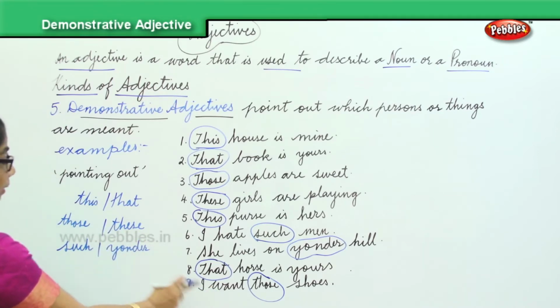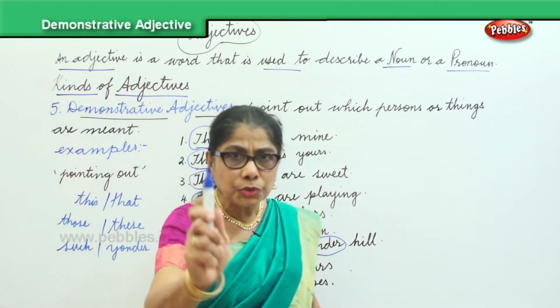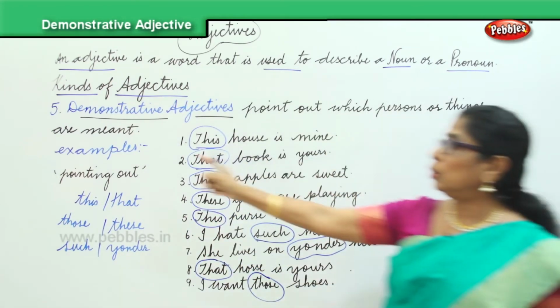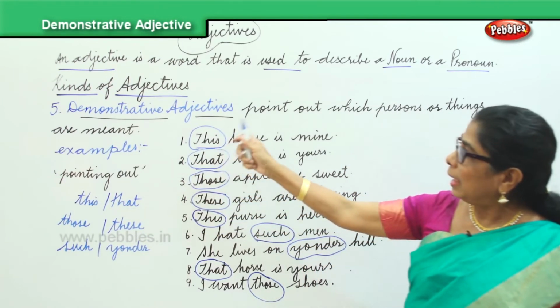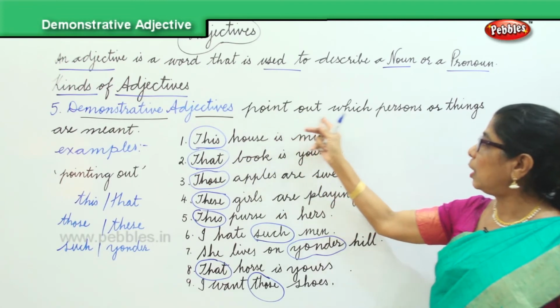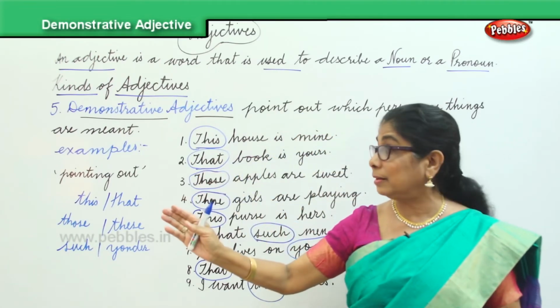These words help us to point out the particular person or thing that is meant. So, demonstrative adjectives point out which persons or things are meant.